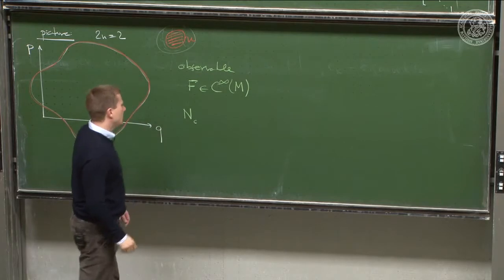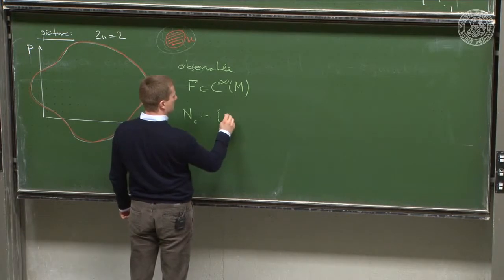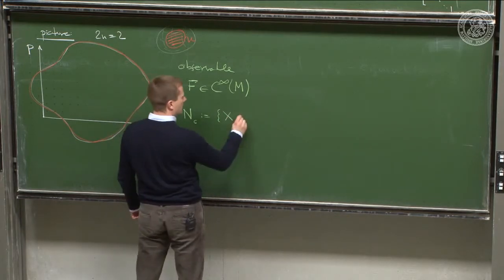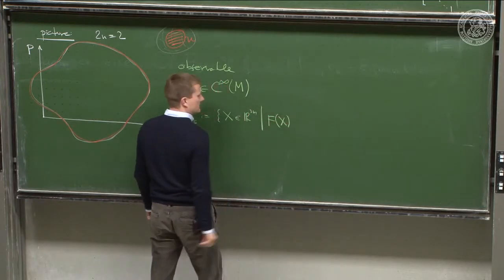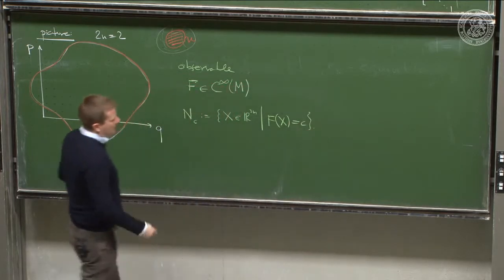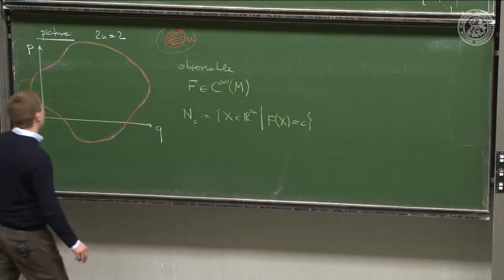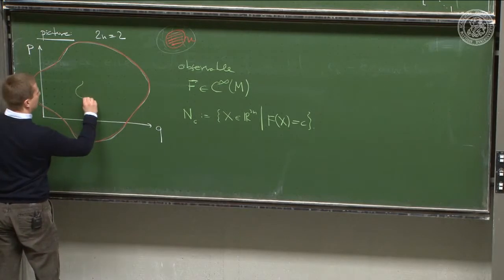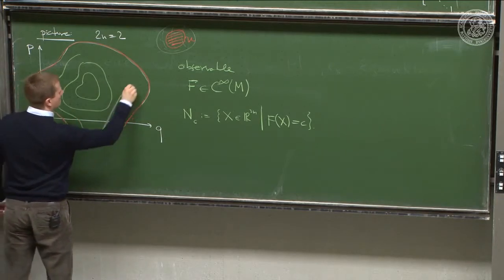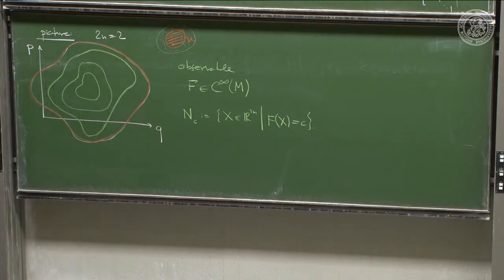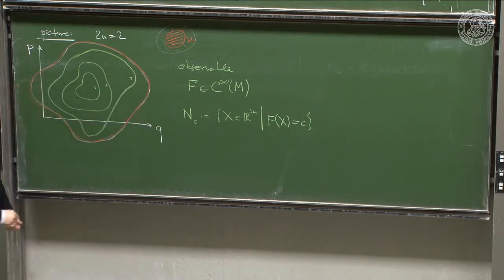I can ask for any real number c, what are all the points capital X in R^2n such that f, well, in these coordinates in this chart, anywhere, but I represent it in the chart, has constant value c. And for instance, the f could have level sets like this, that could be the level sets. And let's say this is 1, this is 2, this is 5, something like that.